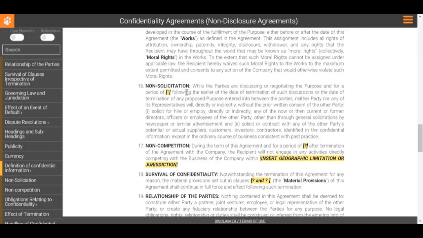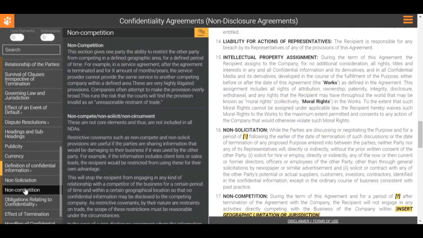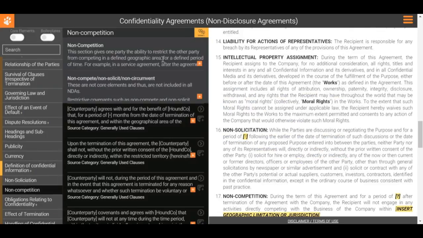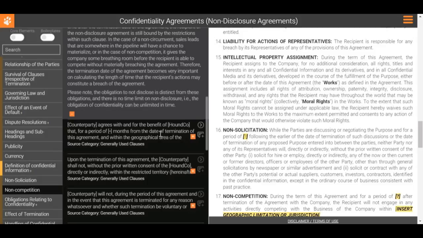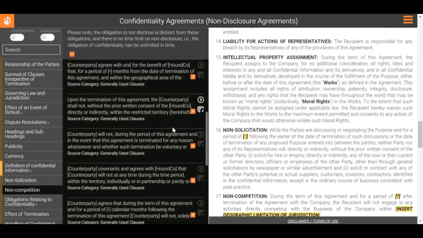And this would stop the recipient from engaging in any kind of relationship with a competitor of the business for a certain period of time and certain geographical restriction. As restrictive covenants by nature are restraints on trade, the scope of these restrictions must be reasonable under the circumstances. We've included some deep language on non-competition, including drafting points and guidelines, as well as variant language.